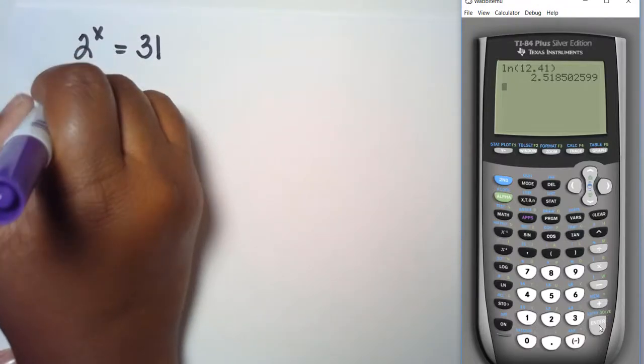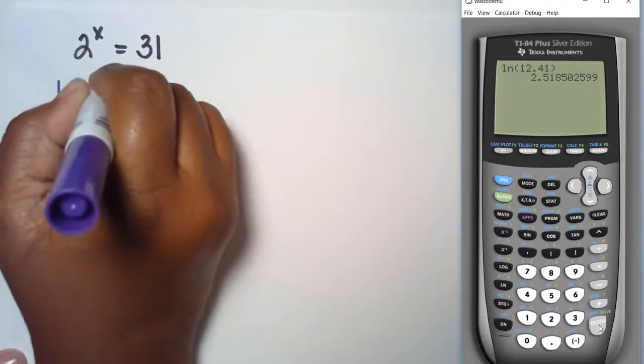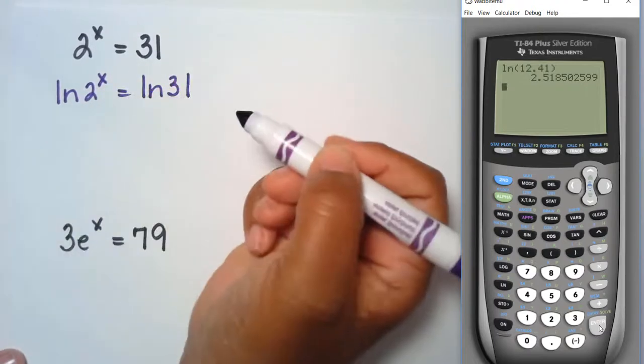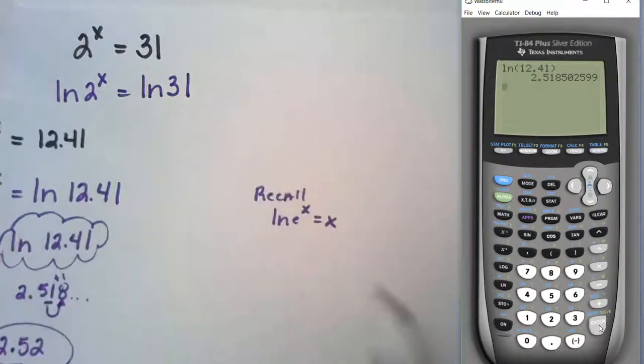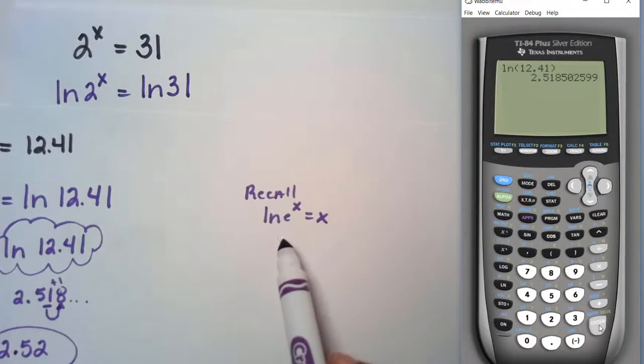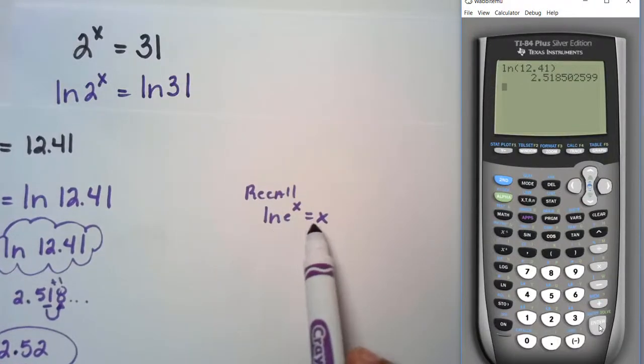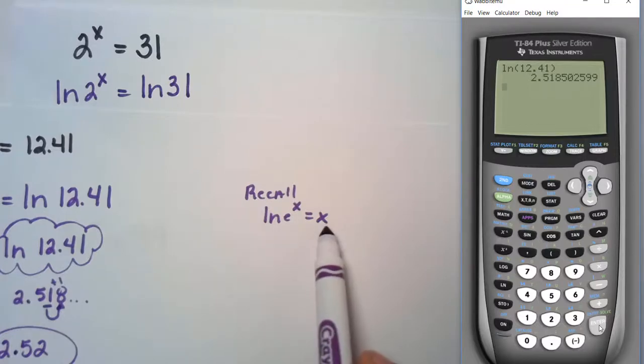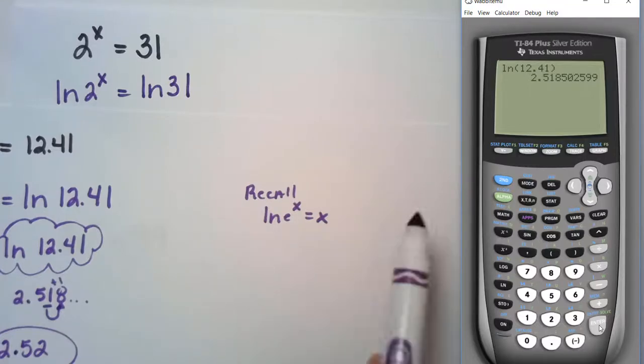So we have ln of 2 to the x is equal to ln of 31. Now, we cannot use this formula from the previous example and just say x is equal to ln of 31. Your base would have to be e in order to use this particular formula.